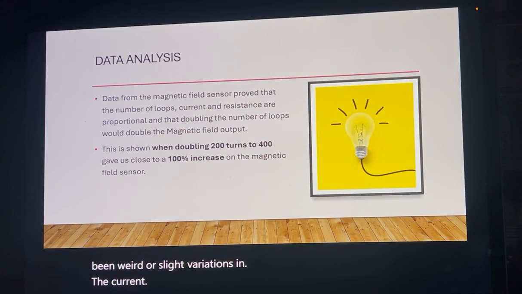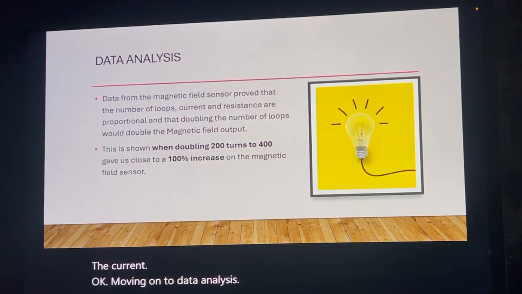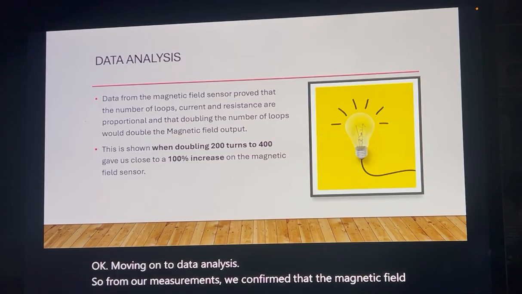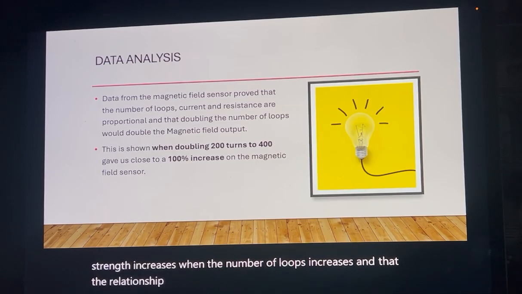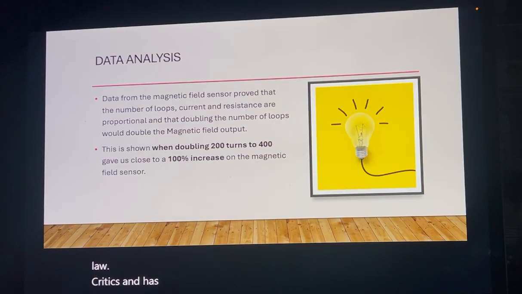Okay, moving on to data analysis. From our measurements, we confirmed that the magnetic field strength increases when the number of loops increases, and that the relationship is almost directly proportional, just like Ampere's law predicts and has taught us.